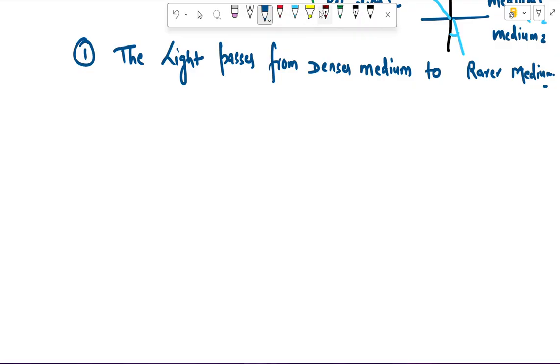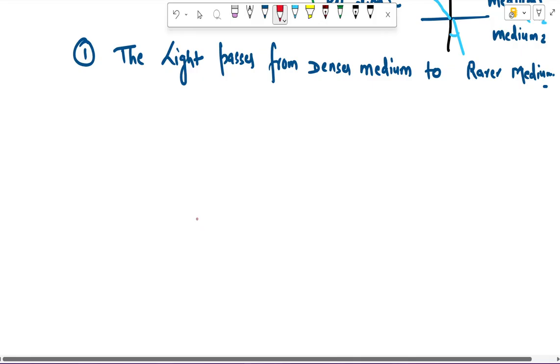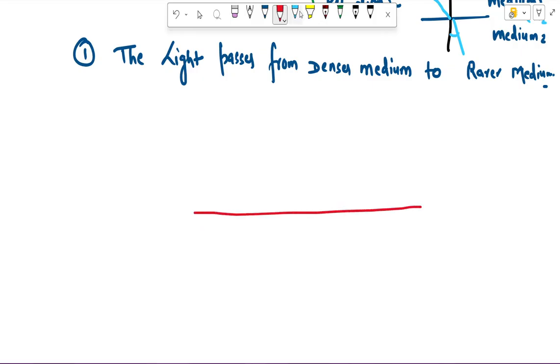The first thing is that we take an interface which divides the two media. This one is mu 1 and this one is mu 2.